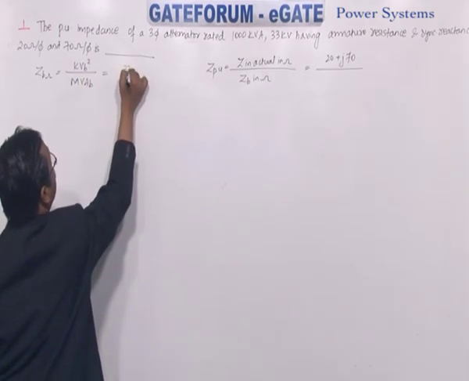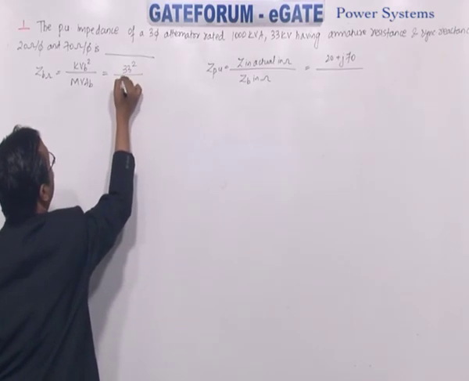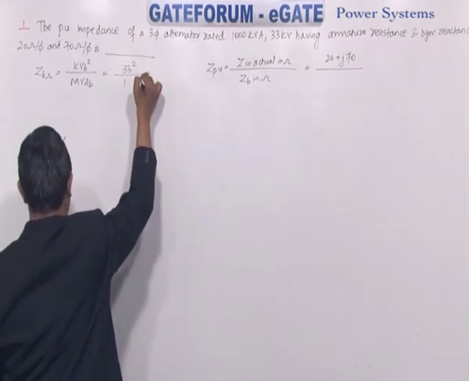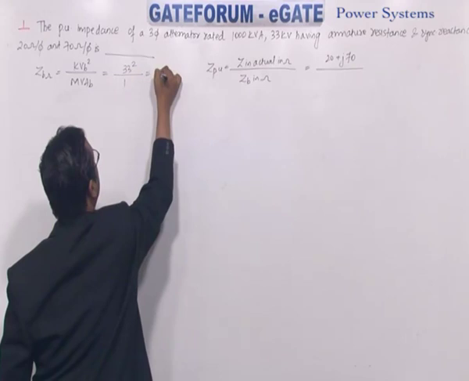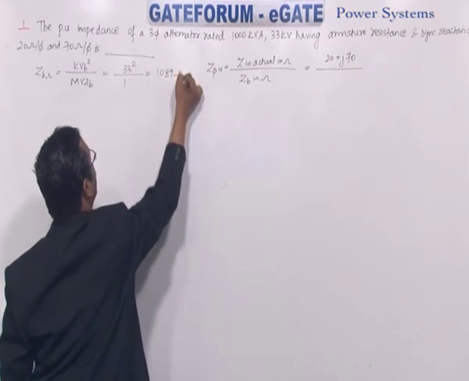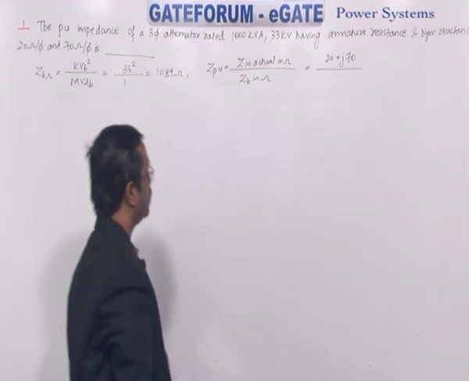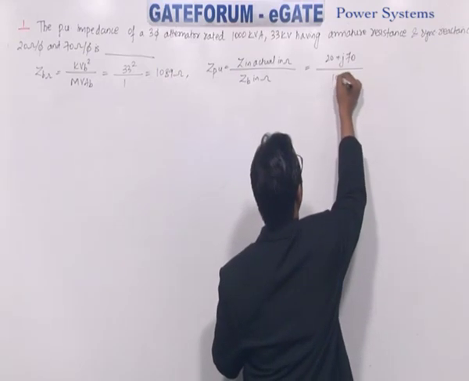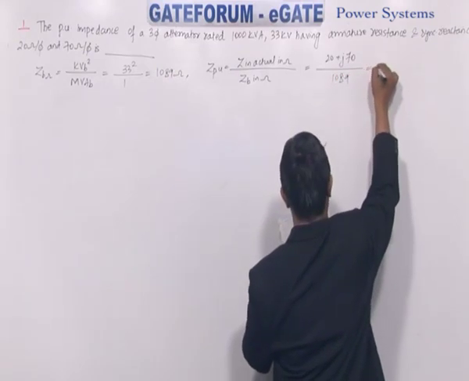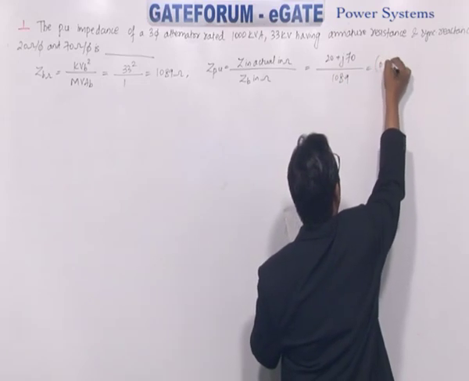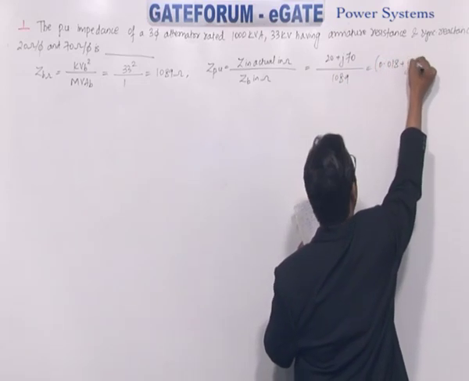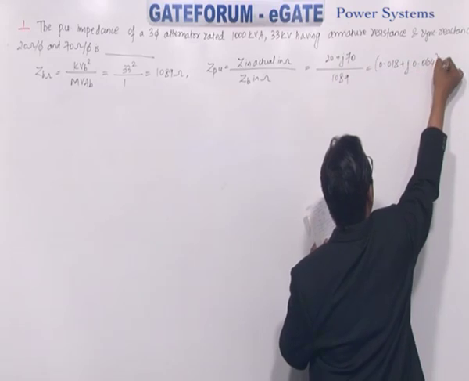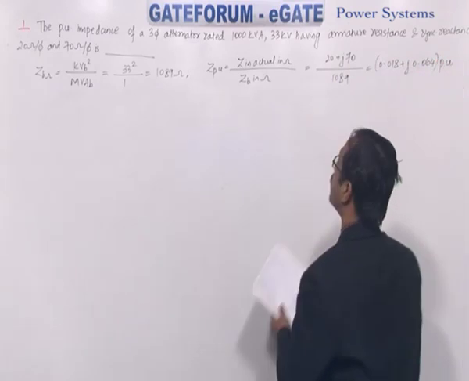So how much kV? 33 square. 1000 kVA means 1 MVA. So how much do you get? 1089 ohms. So divide with that 1089, the base impedance in ohms. You get 0.018 plus j0.064 per unit.